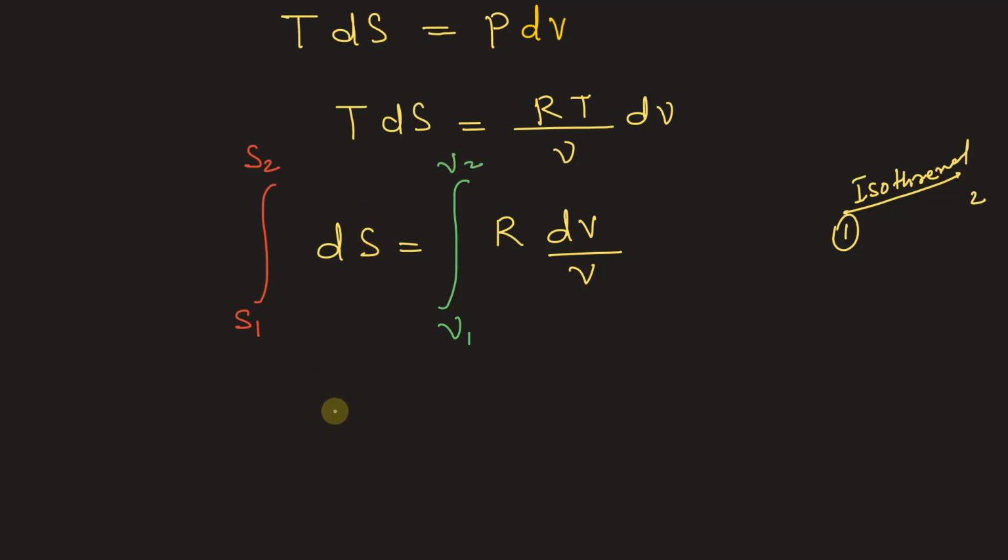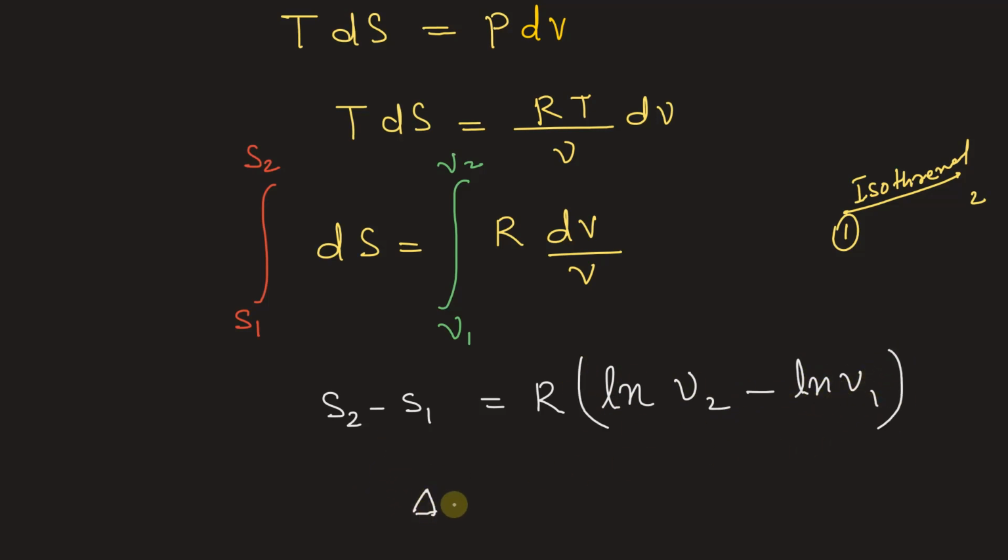Now if we integrate it, it will become S2 minus S1, that is equal to R, which is a constant, times the integration of 1 upon v, which is natural logarithm of v. So ln V2 minus ln V1. We can write delta S is equal to R into ln V2 by V1. Let this be equation number 3.